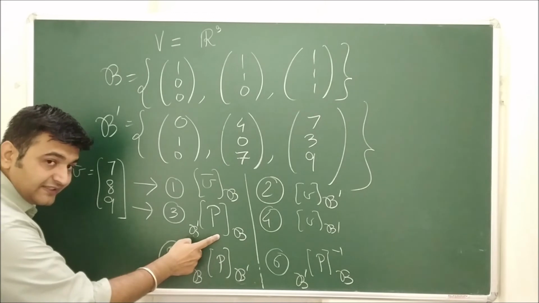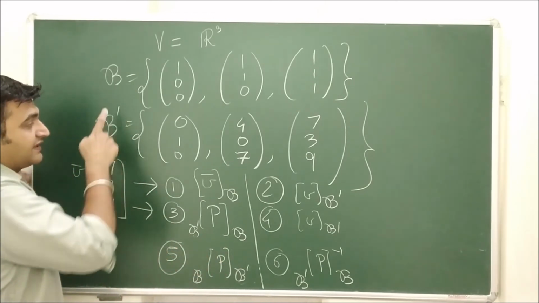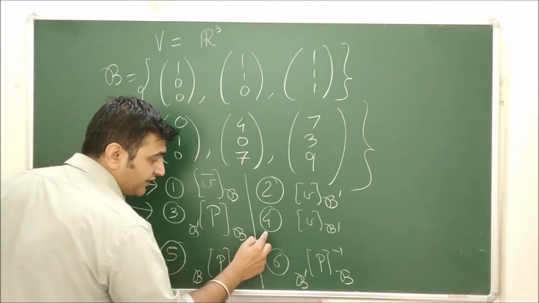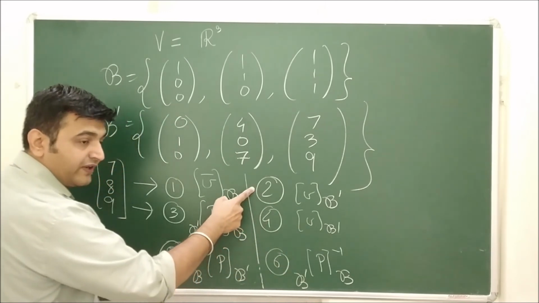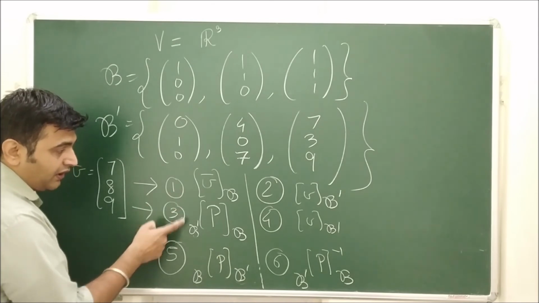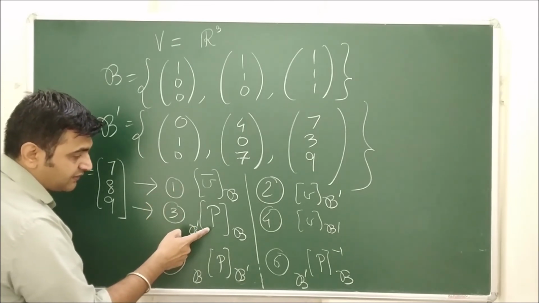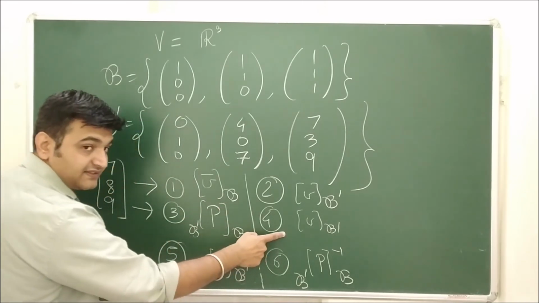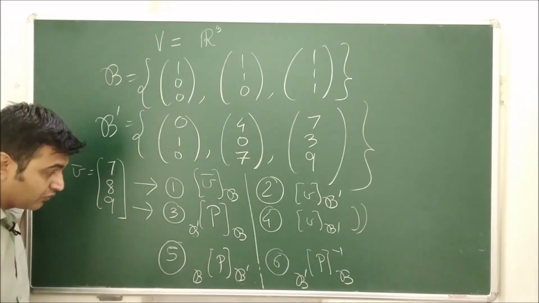Here you find the change of basis matrix from B to B prime. So write down the elements of B as a combination of B prime. Once you have this, you find the fourth one. Now how do you find this? The second one you find by the usual method. This you find by doing this multiplication: I have the coordinate vector of V with respect to B and you do this multiplication P into V. Then this should give you the fourth answer and you will see that both have to be the same.